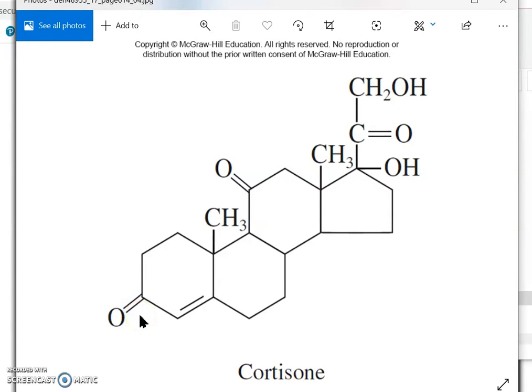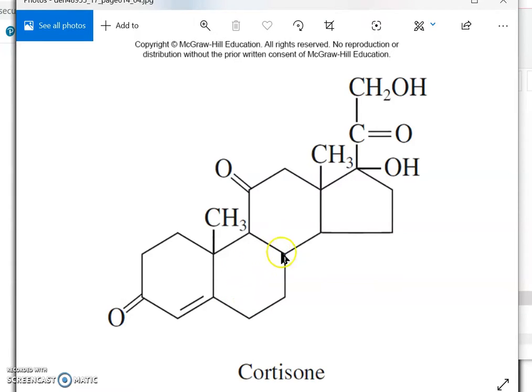I should probably look that up, but you've probably lost interest by now anyway. Cortisone is an anti-inflammatory. You may have had an anti-inflammatory steroid shot. You may have gotten one in a joint like a knee. We'll sometimes get steroid shots when we're sick, and they will be very close to this in structure.